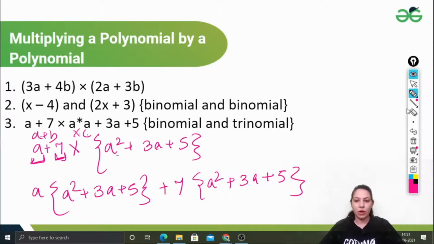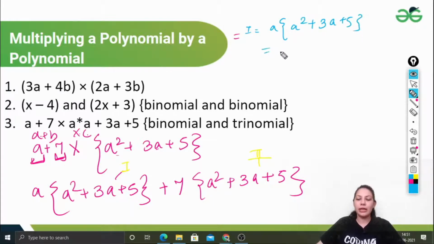Okay, let us solve this over here. This is suppose our first part and this is suppose our second part. So let's solve our first part. a multiplied by (a square plus 3a plus 5).